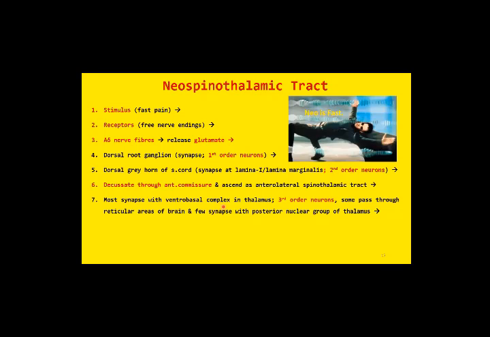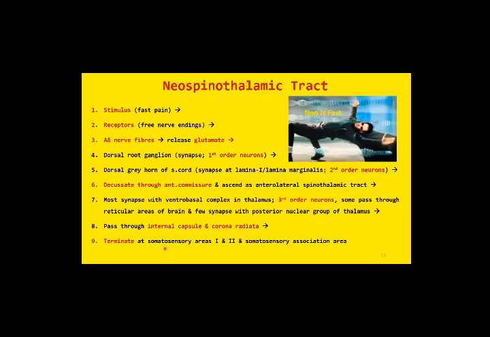From the thalamus, the axons of the third order neurons arise. These axons pass through the internal capsule and corona radiata, and eventually they reach the final destination and terminate at somatosensory area 1, somatosensory area 2, and the somatosensory association area.